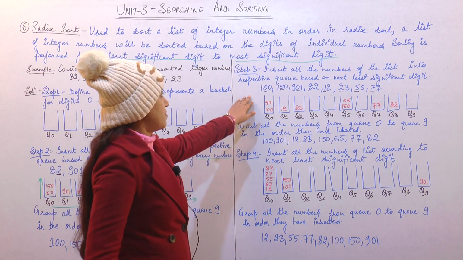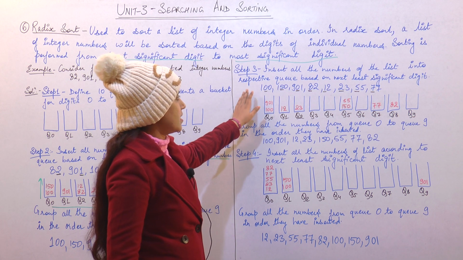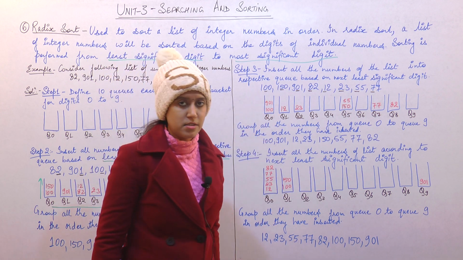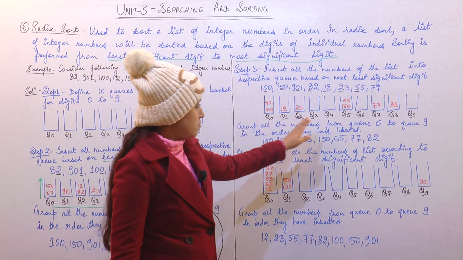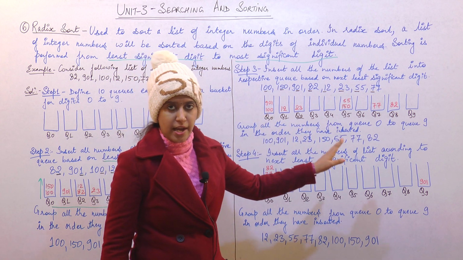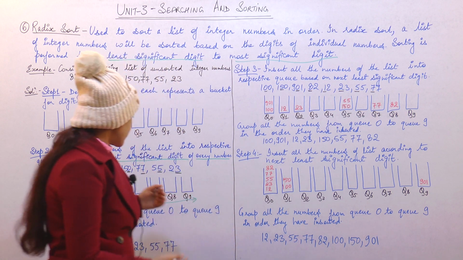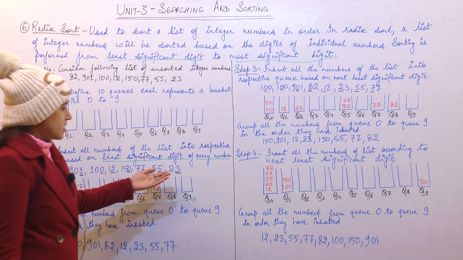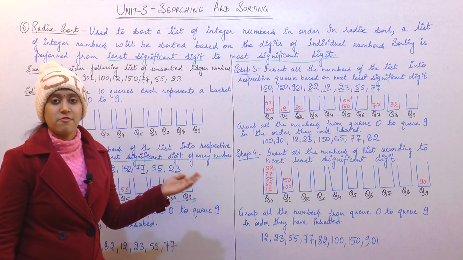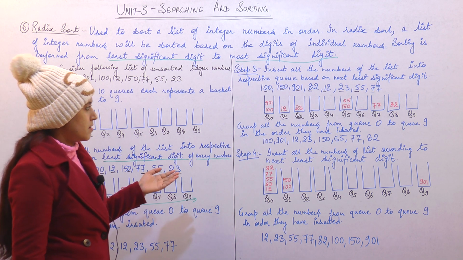Now in step 3 we will again insert all the numbers of the list in the respective queues from Q0 to Q9 according to the next least significant digit. In step 2 our least significant digit was the digit at ones place.